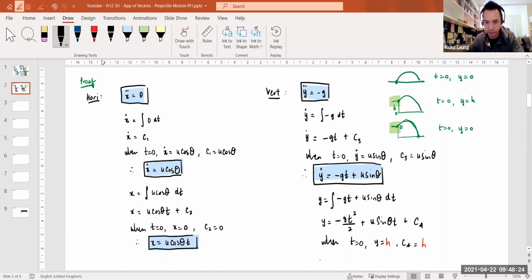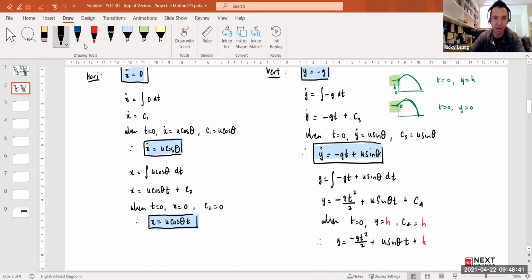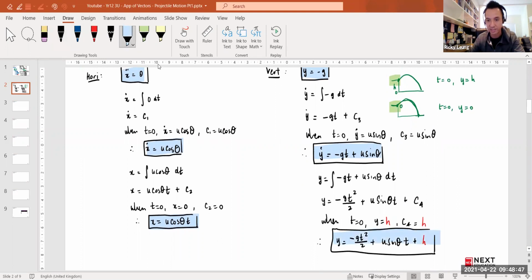Therefore, my vertical displacement will be minus gt squared on 2 plus u sine theta t, and then plus h. I'll use a different color because sometimes the formulae that you'll see don't have that h value, because they start from the ground, or start from the origin. Guys, that's 6 equations to derive. The first 2 are given, so technically you're deriving only 4. That's how you do it.